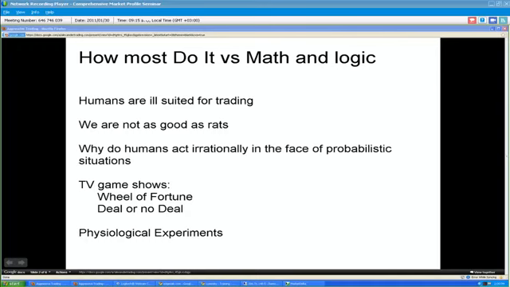And it's very interesting to watch the way people react. Now, can anybody tell me what the expectation of that is? If you have a 50% chance of getting $10,000 and a 50% chance of getting nothing, what is your expectation?